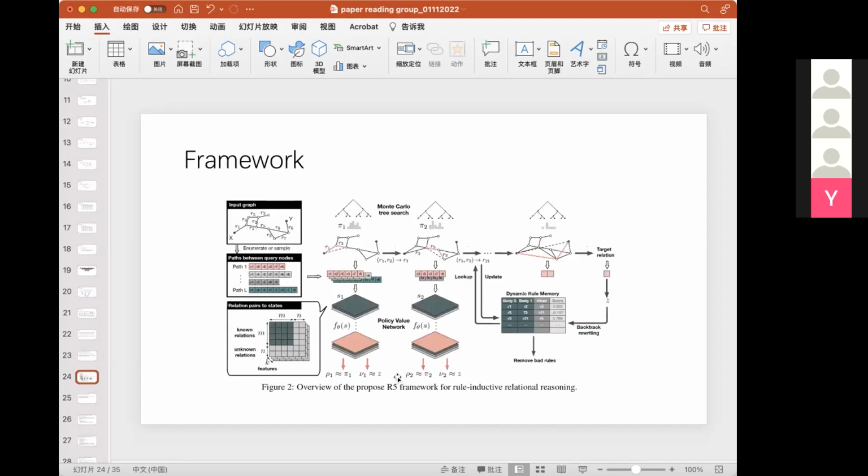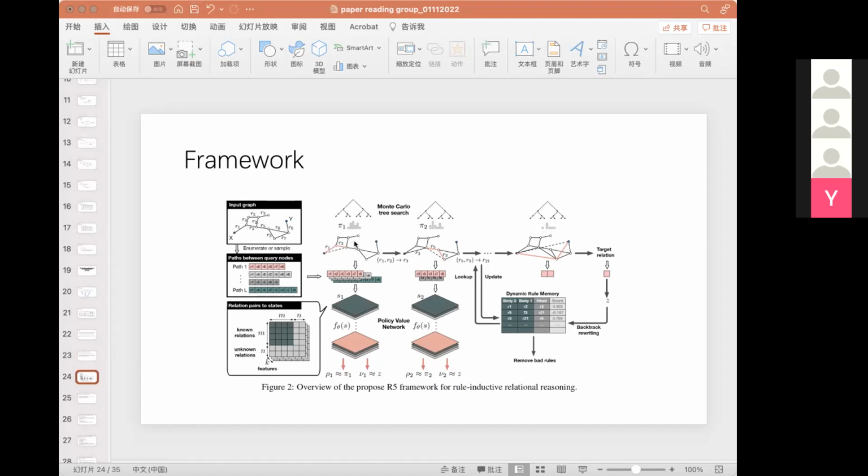So here is the overview of the R5 framework. We can observe that this R5 framework takes a knowledge graph as the input, and its goal is to output the relation between two query entities based on the extracted rule.